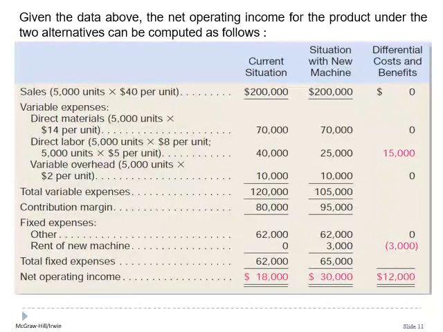So a positive number in the differential cost and the benefits column indicates that the difference between the alternatives favor the new machine. A negative number indicates that the difference favor the current situation.